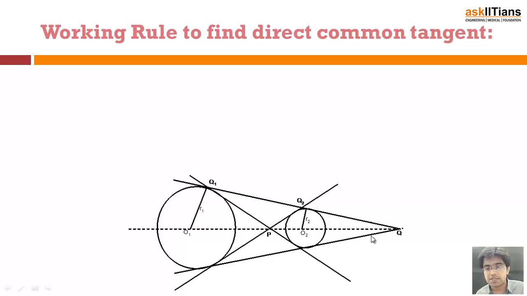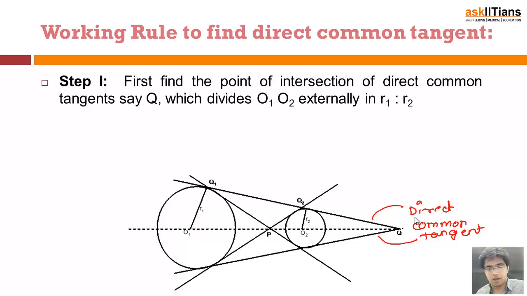These are the direct common tangents. Let me name it again for you: this is a direct common tangent. We are finding this one as of now. This point Q plays a very important role.